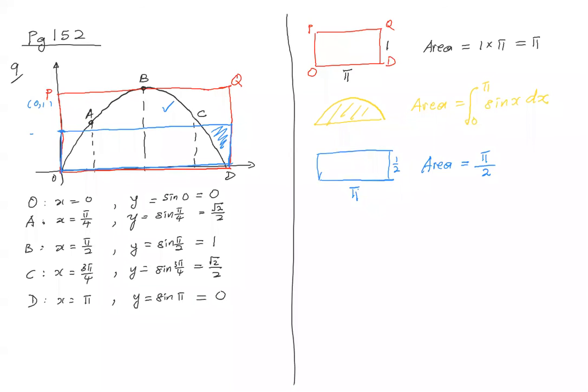Okay, let's go to part B. They say use the points O, A, B, C, D. Do you know that this is the axis of symmetry?